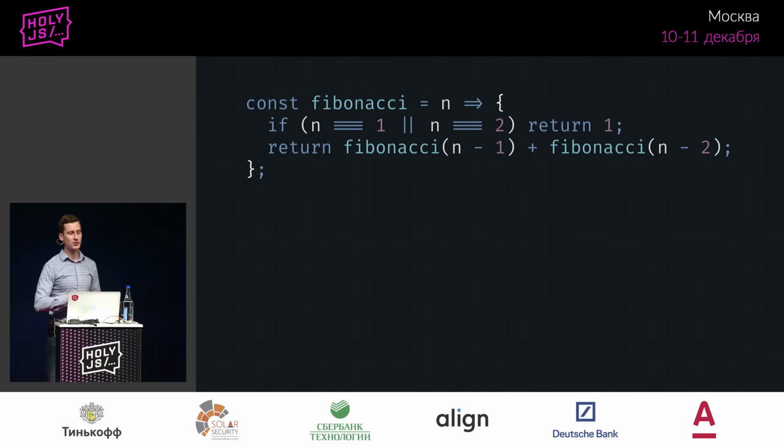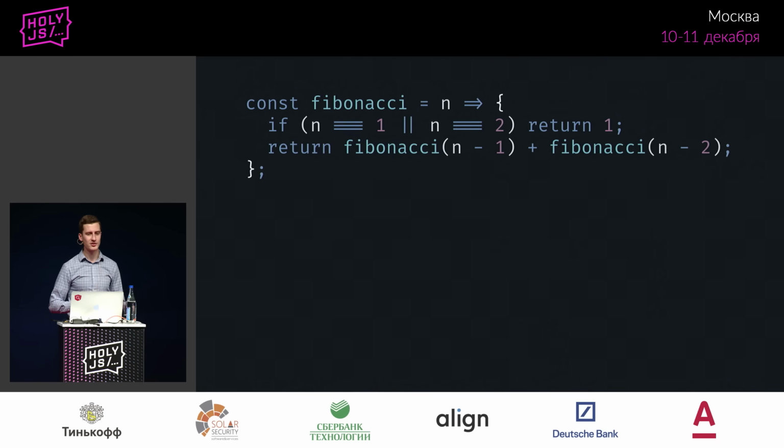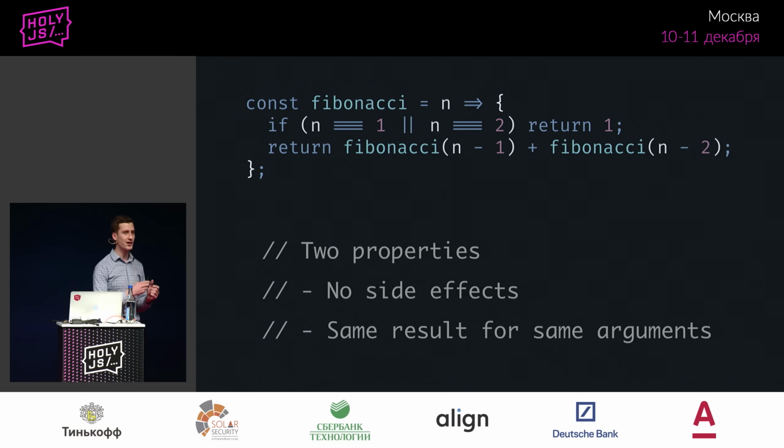So we already talked about pure functions today, and Fibonacci is one such function, which is basically a mathematical function. And the good thing about Fibonacci is that it is very close to what we would eventually want to use in our business computations. For instance, the standard deviation function is another pure function. And all of these pure functions have two very important properties. They don't produce any side effects.